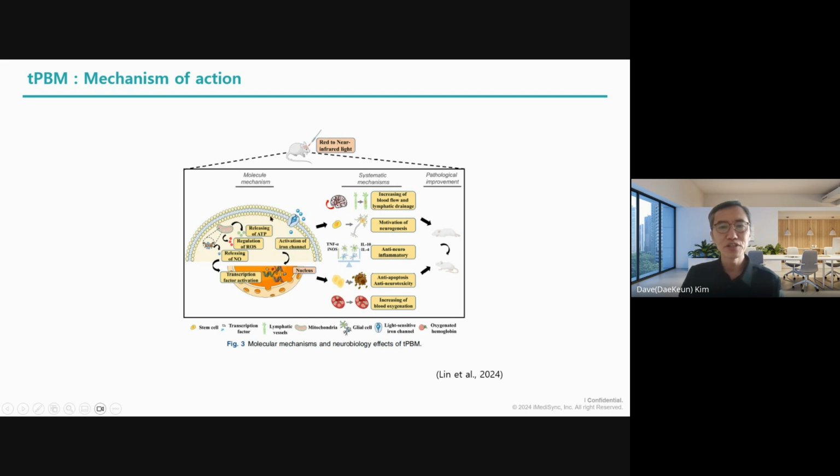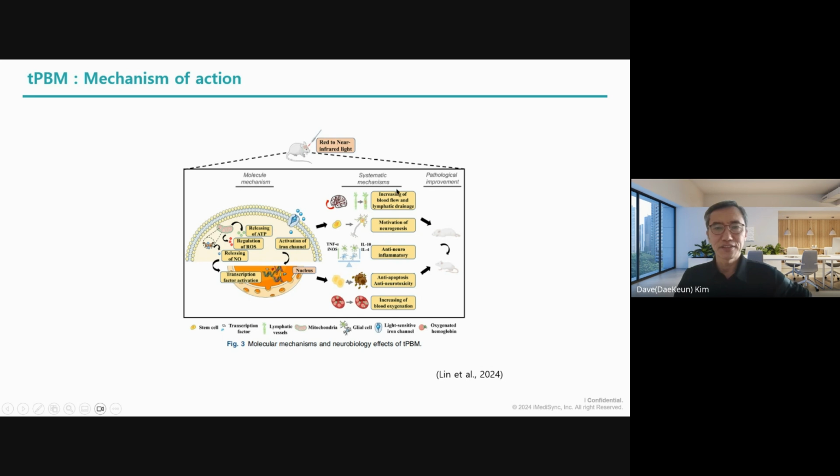So these two, basically metabolism, this is the EEG amplitude, and the EEG oscillation frequency, we can change using photobiomodulation. Actually, this molecular mechanism makes a systematic change of the lymphatic drainage too. Lymphatic drainage is another mechanism of the brain neuroimmune function. The microglia is activated using photobiomodulation, eventually making the neuroimmune function better.